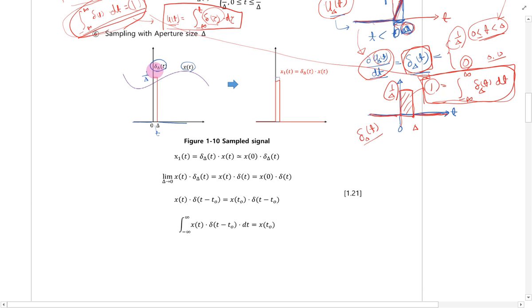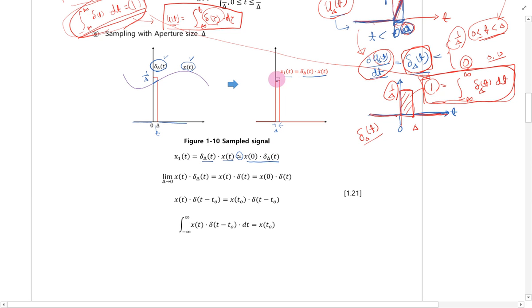To sample, we can multiply the sampling function and the input signal. So x(t) is multiplied by delta(t). You can see that by multiplying, x(t) looks like this. Only this part is changing, but delta is a very small period of time, so we can approximate it like that.